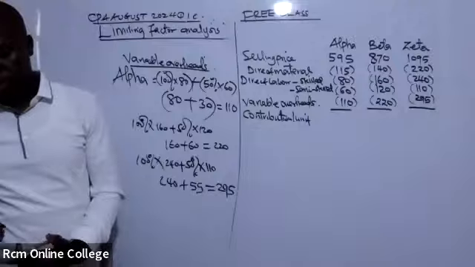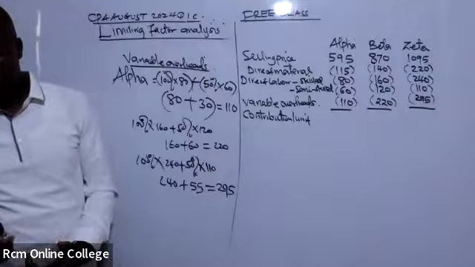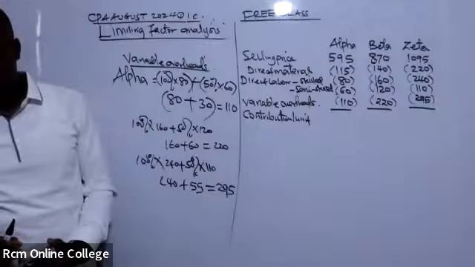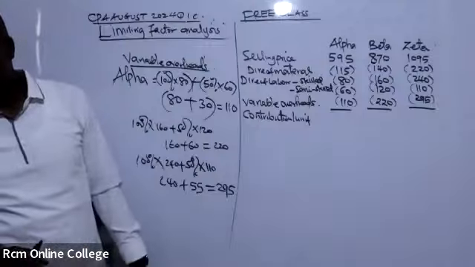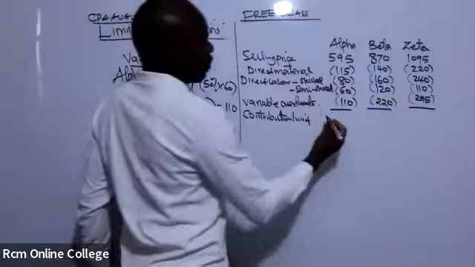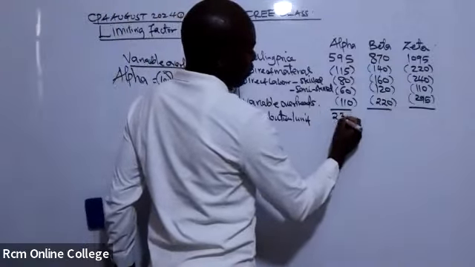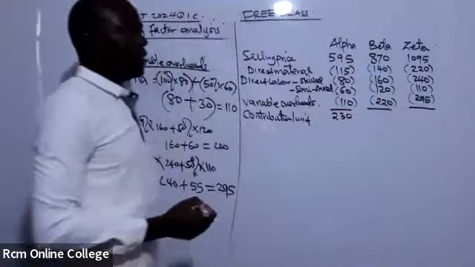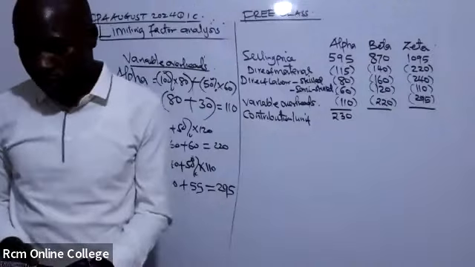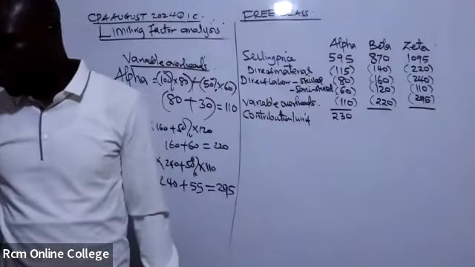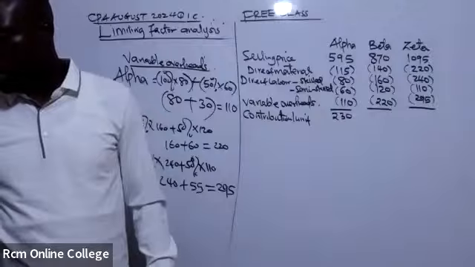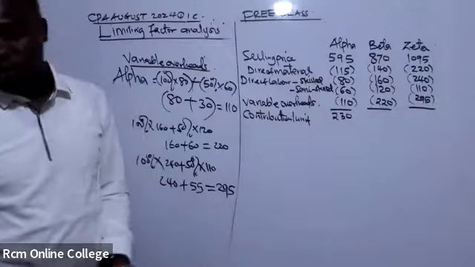What are we getting? A is 230. Okay. Somebody to give us the second one. Any person can actually start from any point. Admin is telling us beta is also 230.